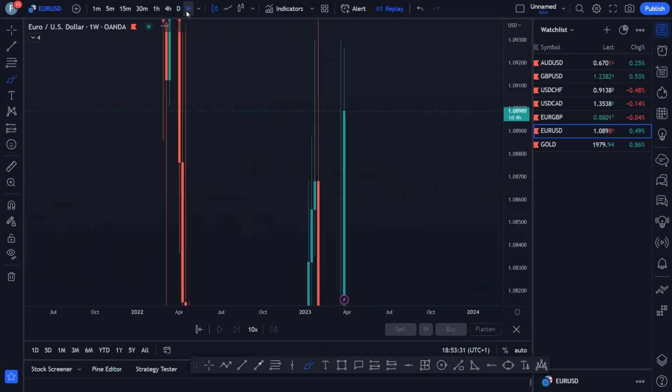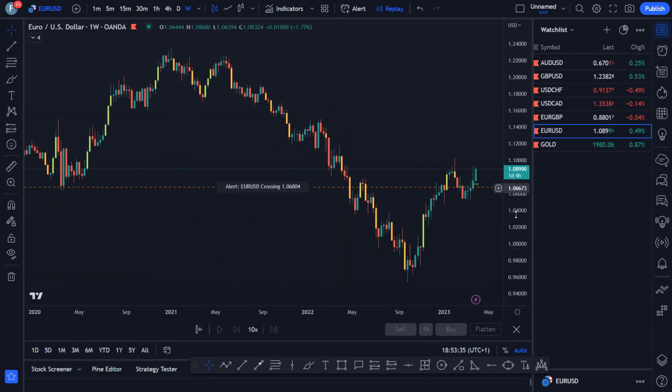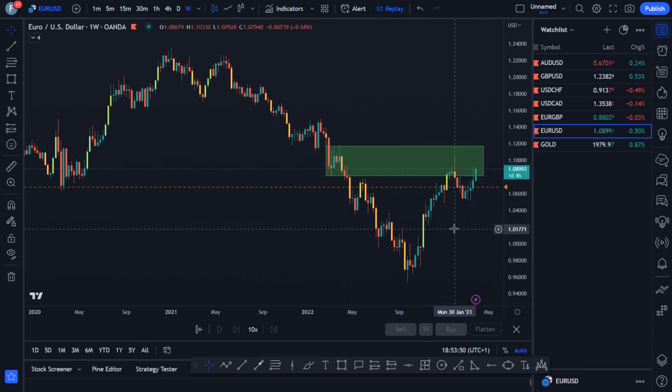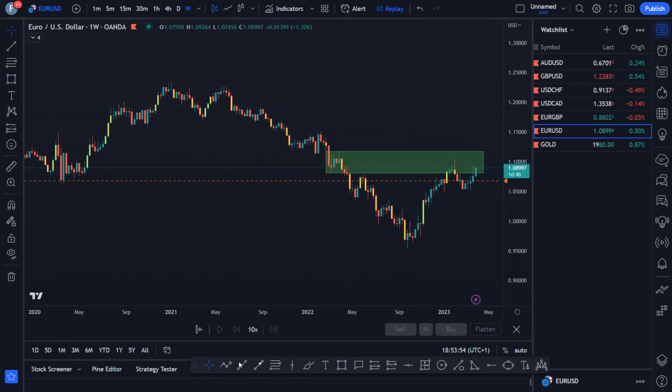So let's go to the weekly time frame. What do we have going on the weekly here? Price is currently at this supply. At that supply, we've seen liquidity grabs into the supply.